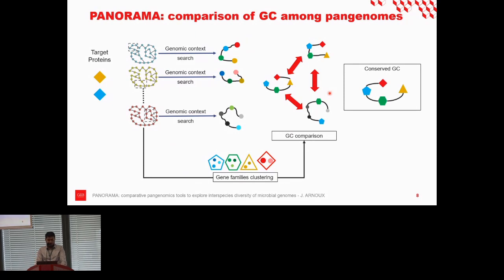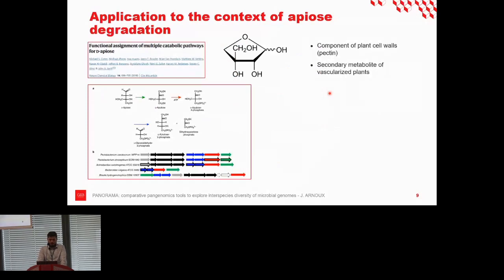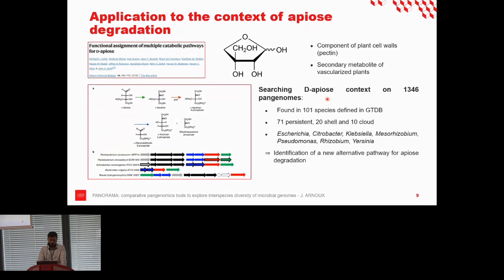We applied this method to the hapiose degradation pathway. Hapiose is a sugar that is a component of plant cell walls and also a secondary metabolite of vascular plants. And we searched for the degradation context in more than 1,000 pangenomes.